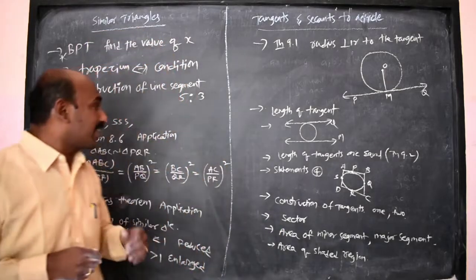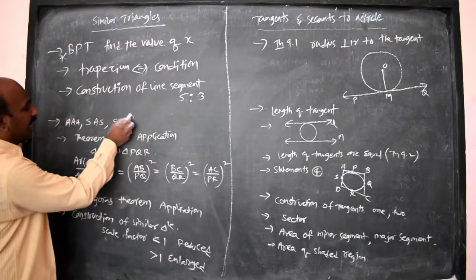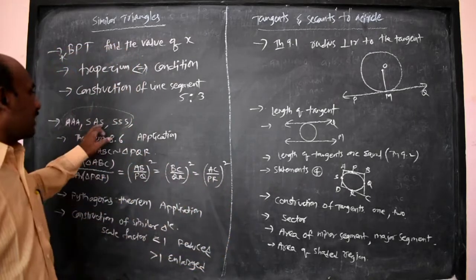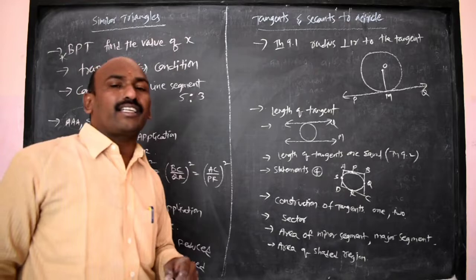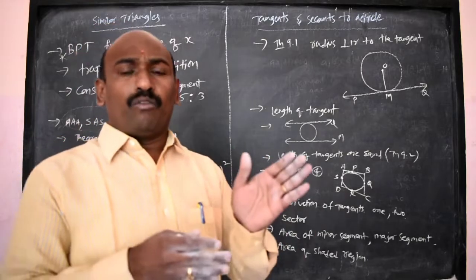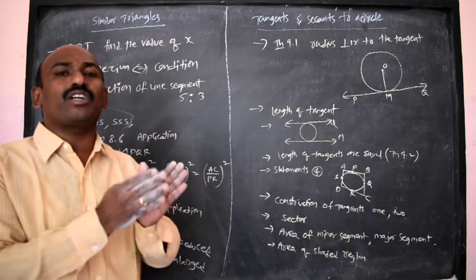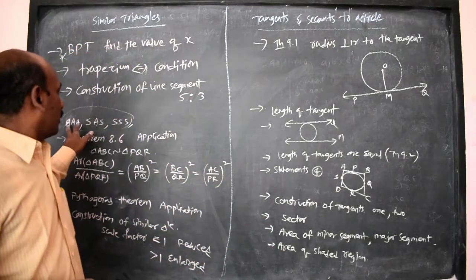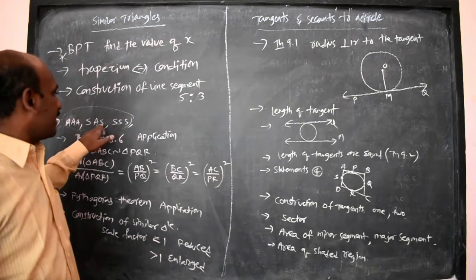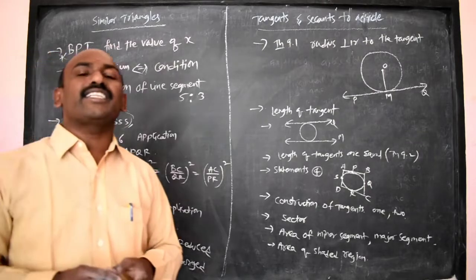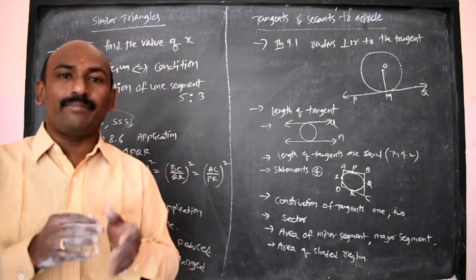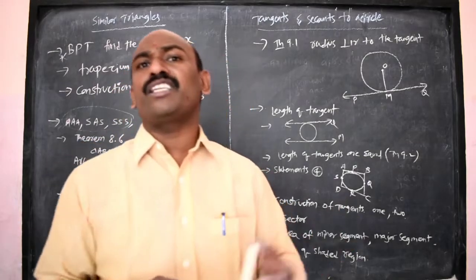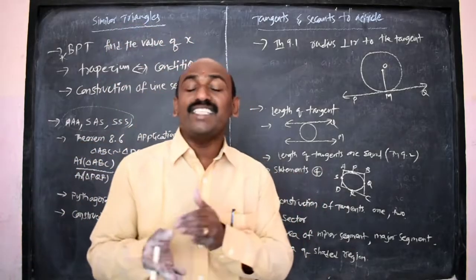If you go to the second exercise, it is based on the three similarity criteria: angle, SAS, SSS. Whatever data is given, we need to convert it into triangles and apply these conditions: the angle criterion, SAS, SSS. Based on those conditions, we can say both triangles are similar. First of all, what do similar and congruent mean? In 9th class we studied that congruent means both are coincident.